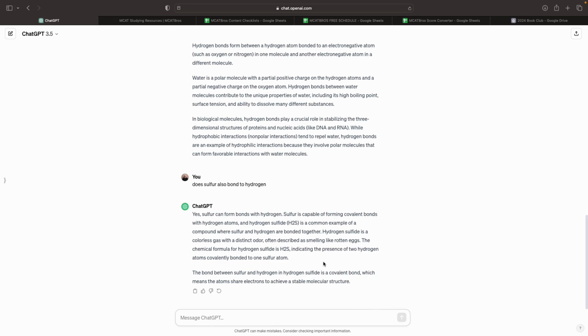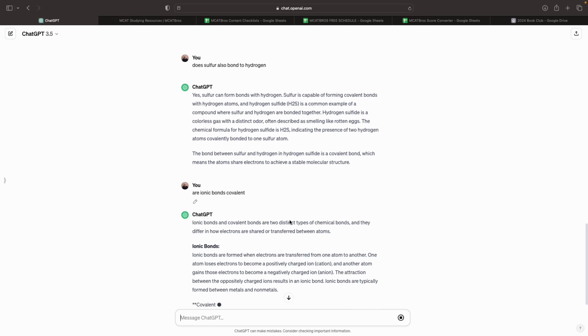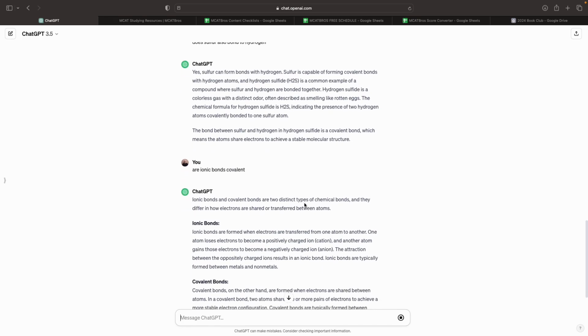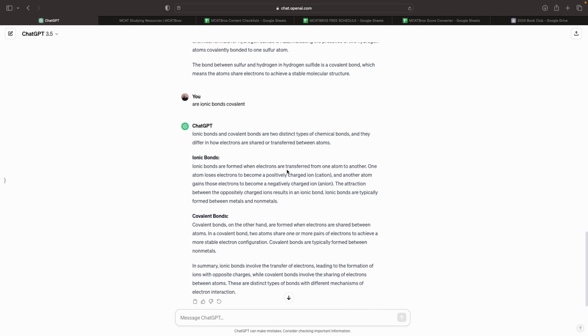But ionic bonds are different. Are ionic bonds covalent? Ionic and covalent bonds are two distinct types of chemical bonds. Ionic bonds are formed when electrons are transferred from one atom. One atom loses electrons to become a positively charged ion, and they call this the cation, and another atom gains electrons to become negatively charged.